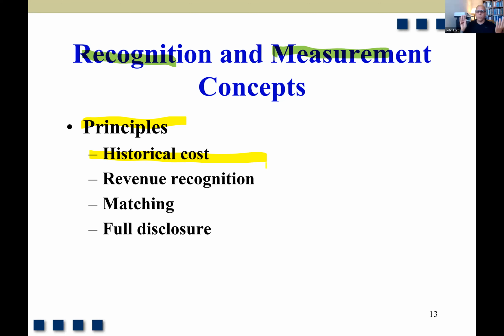There's no bell that rings and everybody agrees as to the price of land. There could be some negotiation back and forth, et cetera. It has to depend on what's happening with the market at any point in time. And so for fixed assets like property, plant, and equipment, FASB says use historical cost. Now you may say, well, that creates a distortion in financial reports. And you're right.